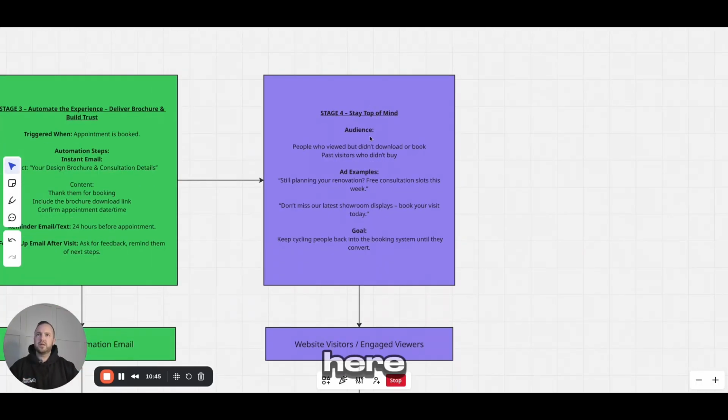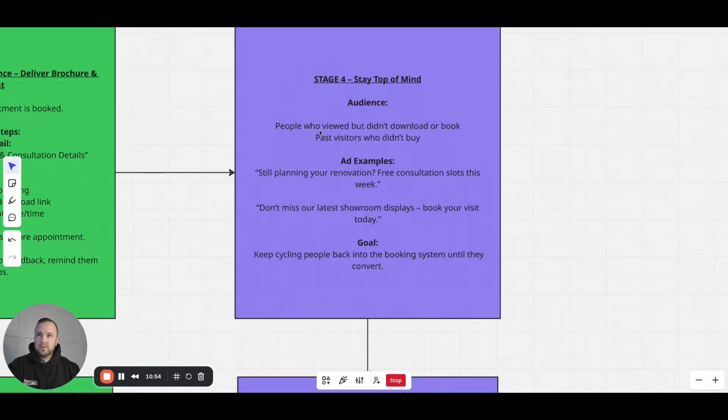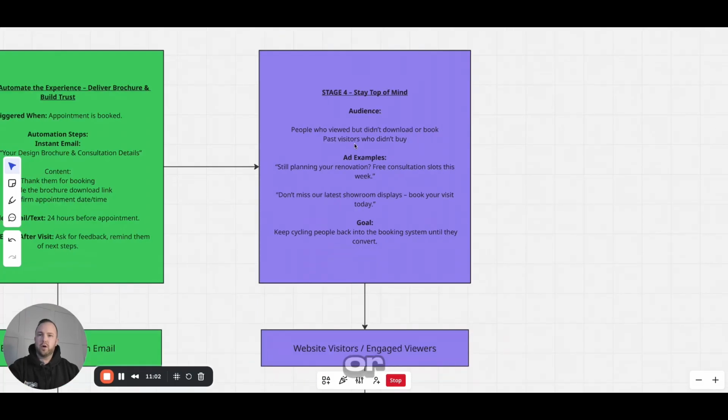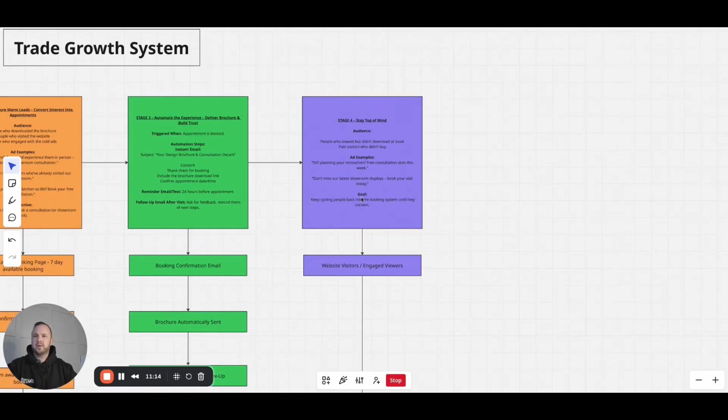So what we can do here is retarget people based on where they've fallen off in your sales process. So this might look like people who viewed but didn't download, or booked, or past visitors who didn't buy, for example. Or if you do home appointments, this might look like you've gone and visited the property, you've made a quote, or you've made a proposal to them, and they've not actually decided to move forward for whatever reason.